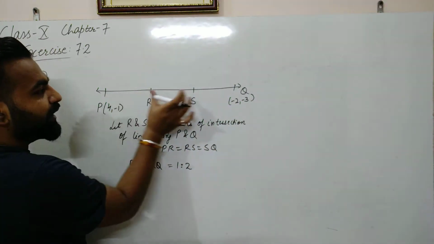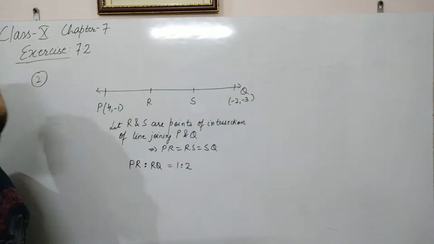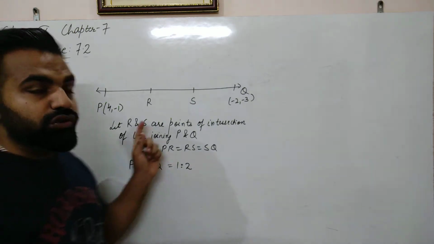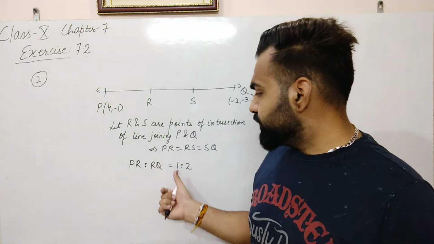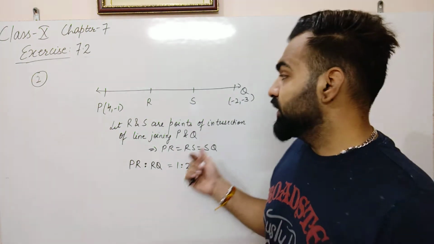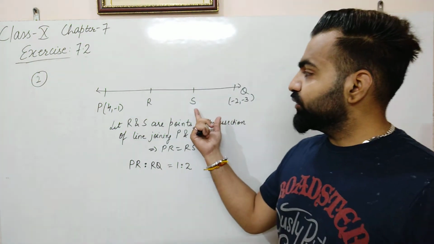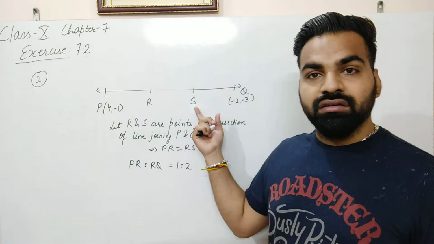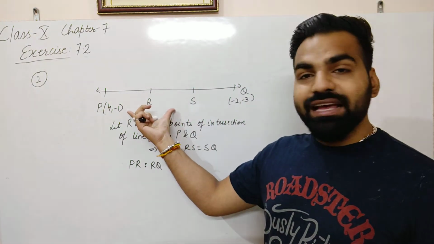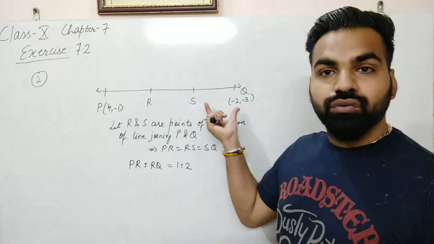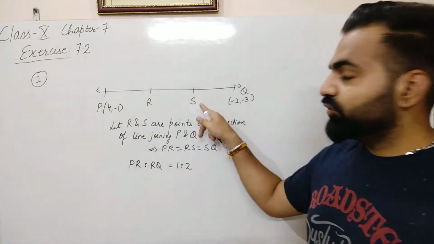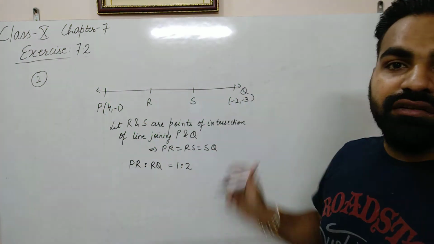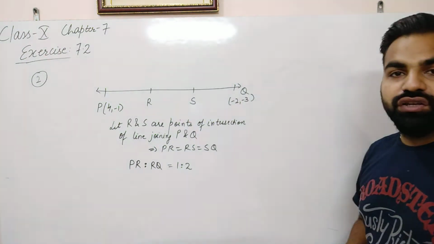This is 1 part, these are 2 parts, so the ratio is 1:2. So to find the coordinates of R, we will use the ratio 1:2. Similarly, for S, we can see the ratio PS to SQ: these are 2 parts here, this is 1 part here. So to find the coordinates of S, we can use the ratio 2:1.